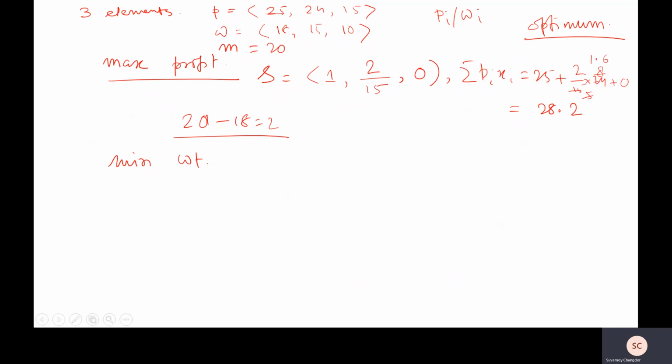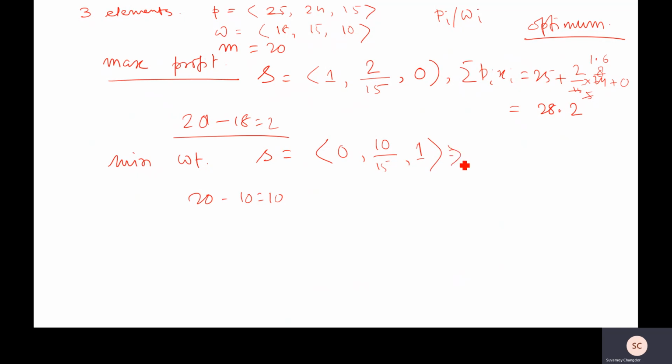We can go for the minimum weighted element first, so that we can select a lot of elements together. If we go for selecting the minimum weighted first, then our solution will be 1 for the second element, and the remaining capacity of the knapsack is 10. Therefore, we can select the third as 10 by 15, and the first is 0.